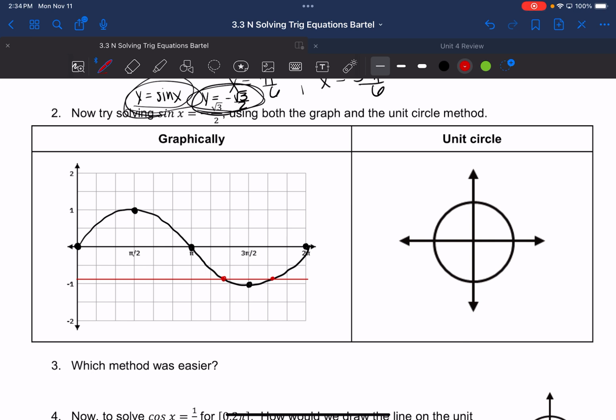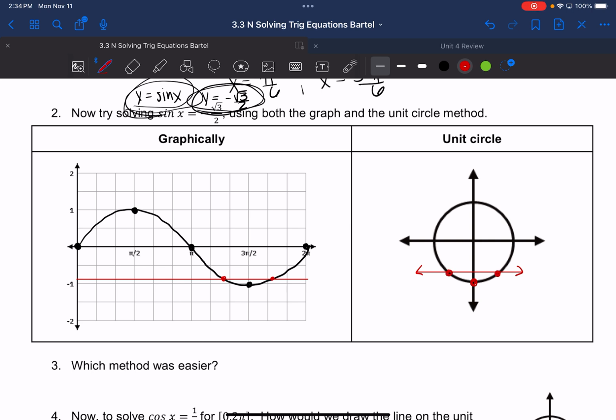So on the unit circle, like we said, negative root 3 over 2 is just a little bit less than negative 1, right? So if this is negative 1 down here, then that would be right about here maybe, would be that line. Again, looks like it intersects in 2 places, right?